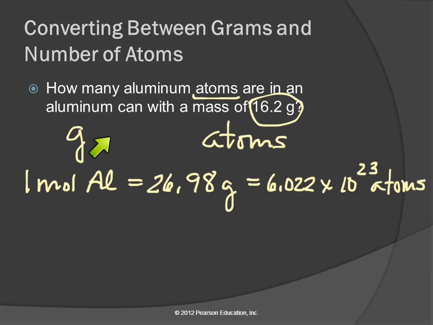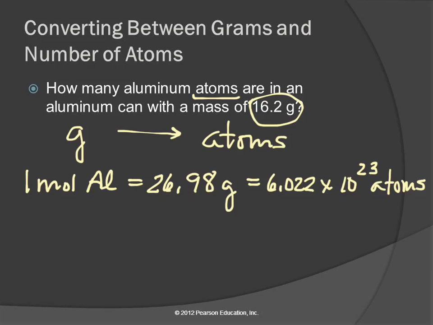We could do this in 2 steps. We could go from grams to moles and then from moles to number of atoms. But we don't really need to, do we? Because here we have a relationship between grams and atoms. So why do 2 steps if we can do 1? So we can go directly, over here.